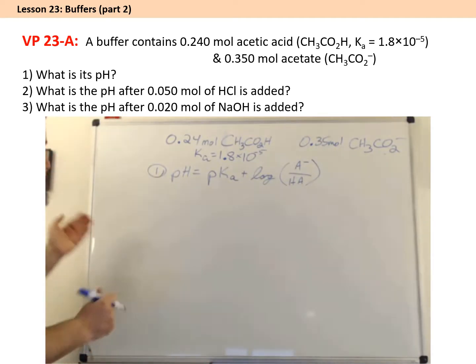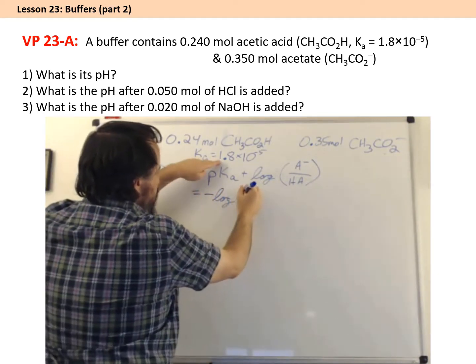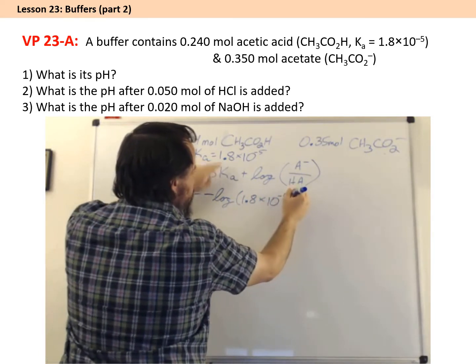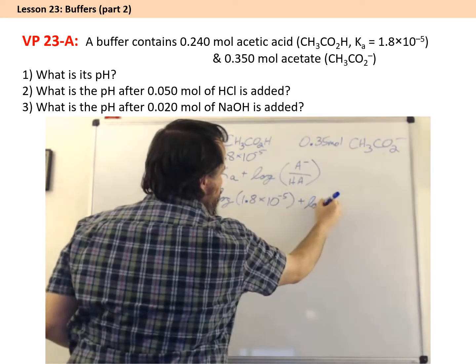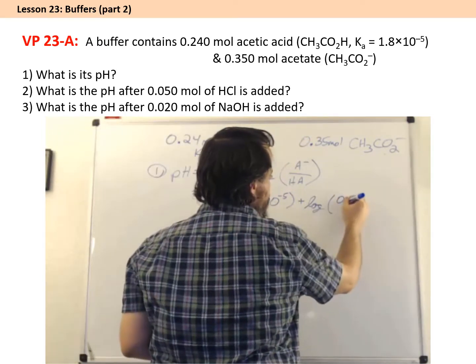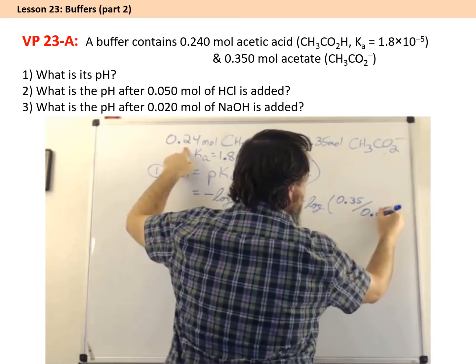My pKa is negative log of 1.8 times 10 to the minus 5. My A minus, that's my base, is 0.35, and 0.24, that's my acid.